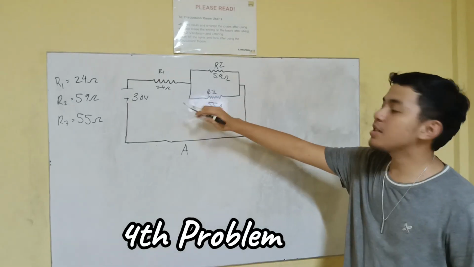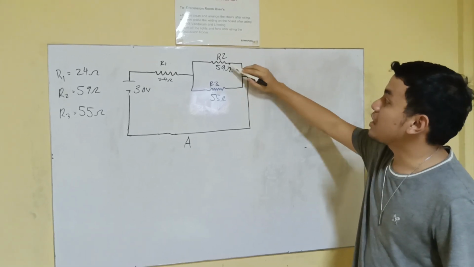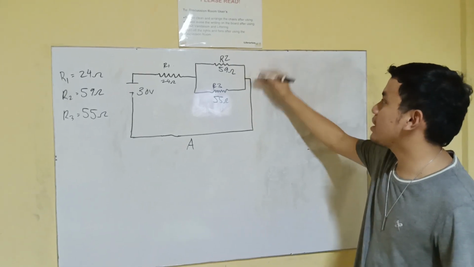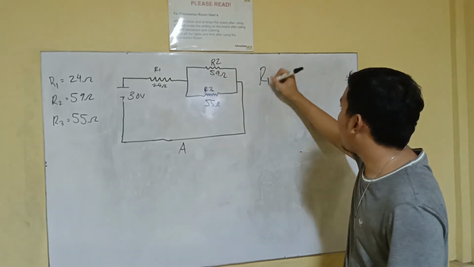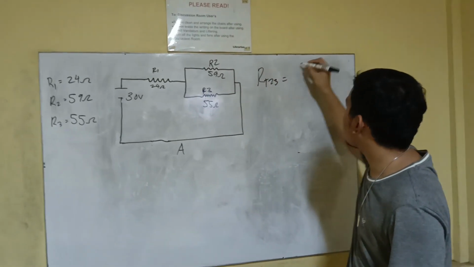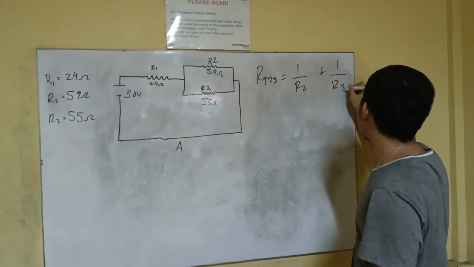Since this is our last problem, we're going to solve first R2 and R3. Since this is a parallel circuit, the formula is R total 2 and 3 equals 1 over R2 plus 1 over R3.